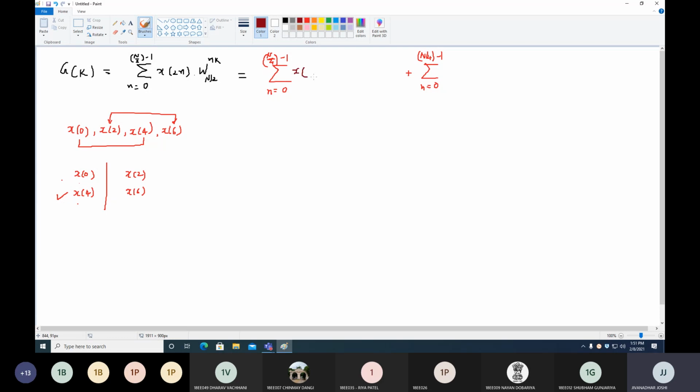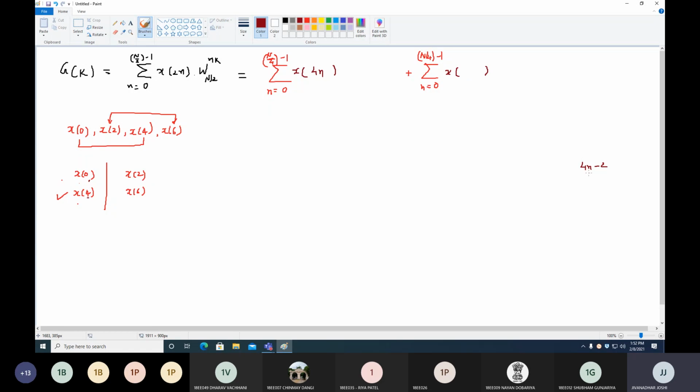Now help me out to write down something here that will pick up the required things. x of what should I write so that I get 0 for n equal to 0 and then 4? 4n. Yes, 4n alone. Yes, only 4n is valid. What about this? 4n minus 2?